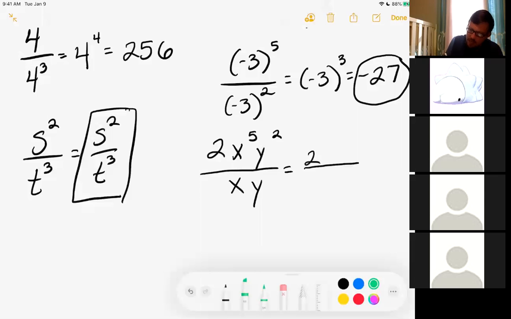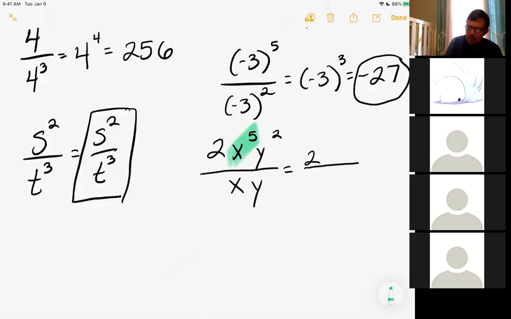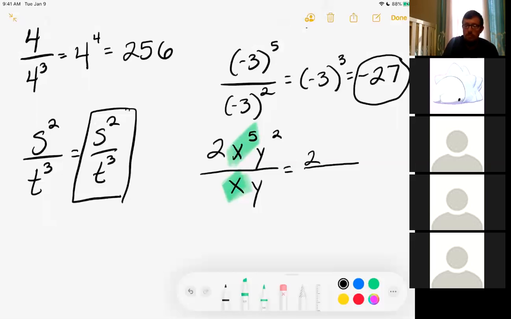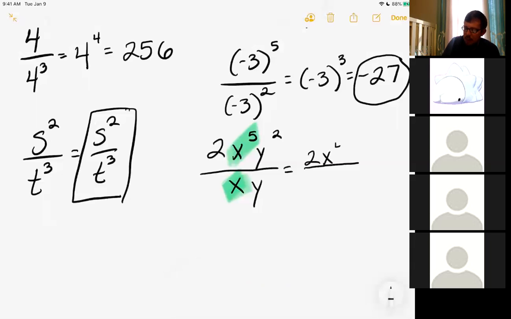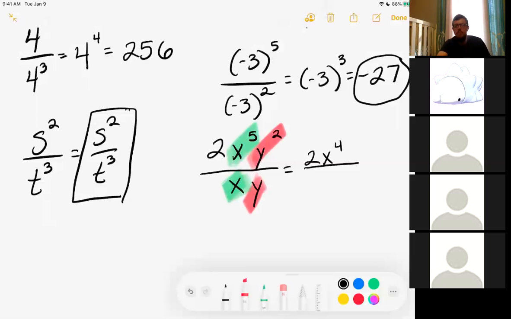Next comes the x's. I have x to the 5th and x. That would give me x to the 4th. And then I'll check the y's. Y squared over y is going to give me just y.